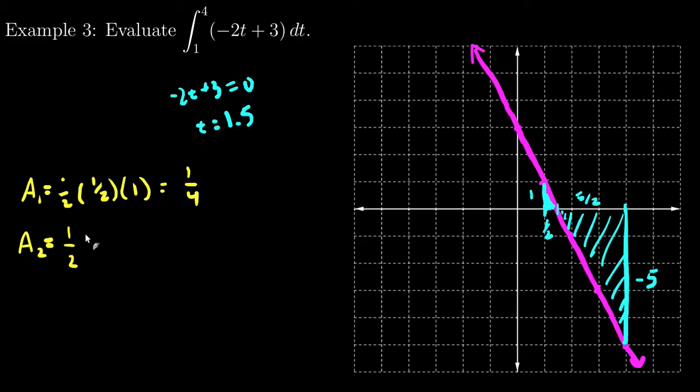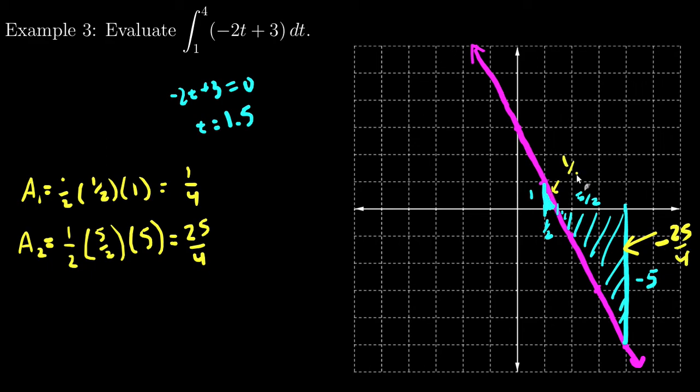I'm just going to do the magnitude, so I have half of 5/2 times 5 is 25/4. But this is below the x-axis, so the integral over here is going to be negative 25 over 4, and the integral here is going to be positive 1/4.